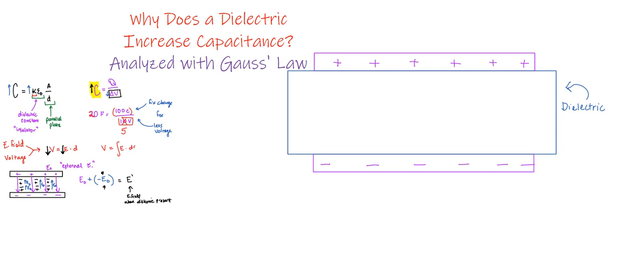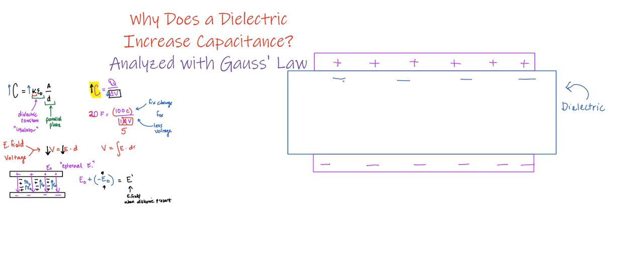So if I look at it from the perspective of Gauss's law, I have enlarged the plates over here. We see that we have the charged capacitor plates, and then I have a dielectric on the inside. And I'm going to focus on the region close to the positive plate. So we get some sort of net amount of polarization that would occur.